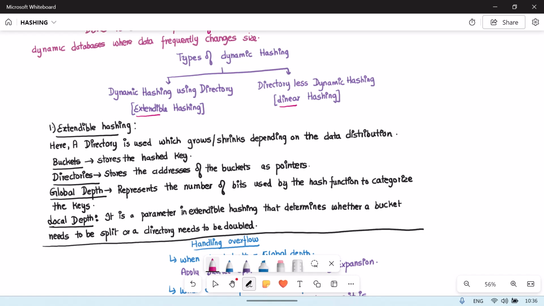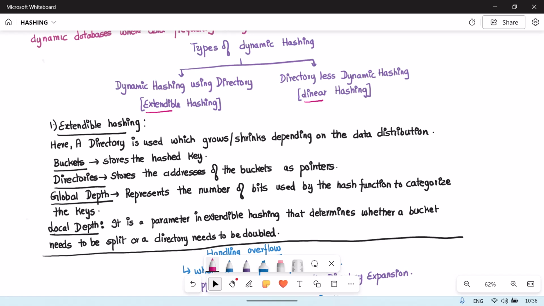Extendable hashing is also called dynamic hashing using directory, and linear hashing is known as directory-less dynamic hashing. So now you understand, in extendable hashing you have something called a directory, whereas in linear hashing you don't need a directory. Still, you can shrink or extend the size of the hash table.